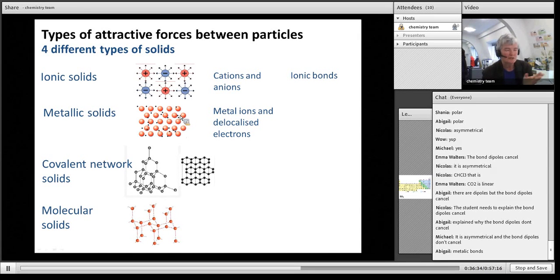Depending on the examiner, they're normally quite lenient on this. Metal ions or metal atoms, both are accepted, the last I heard. They don't like it if you just simply say ions and delocalized electrons. You're going to state that it's a metal ion. Or metal core atoms, I've also seen as well.